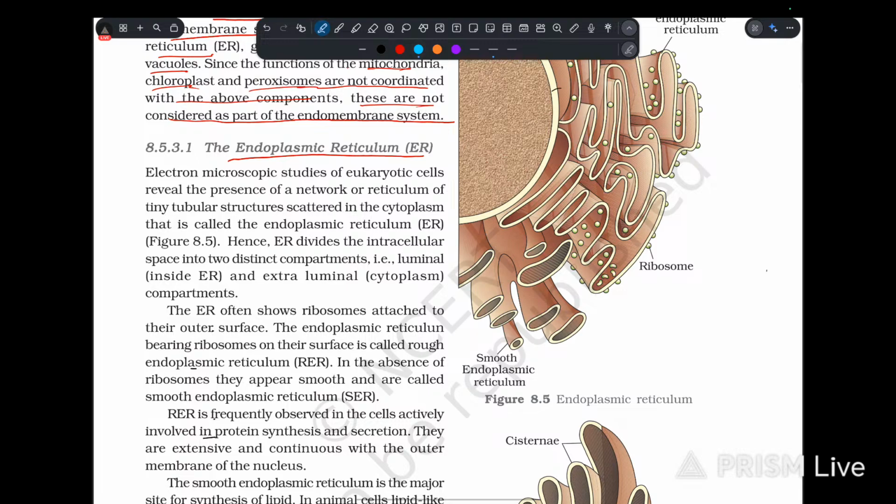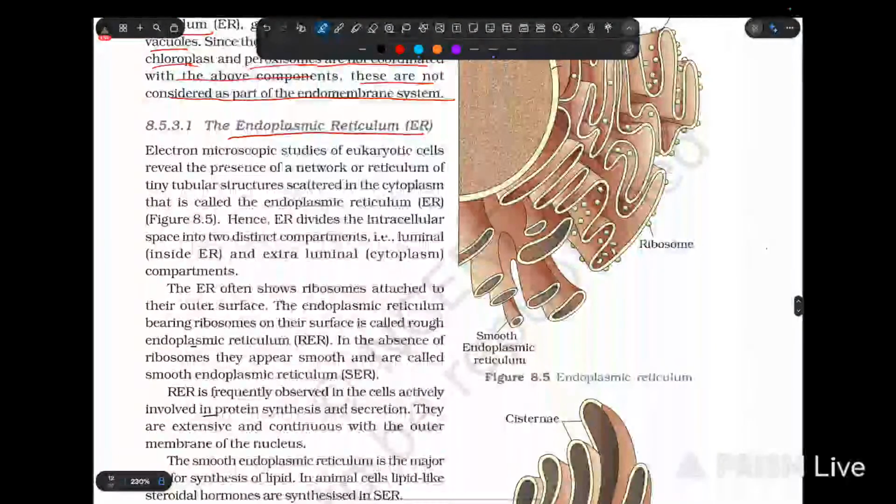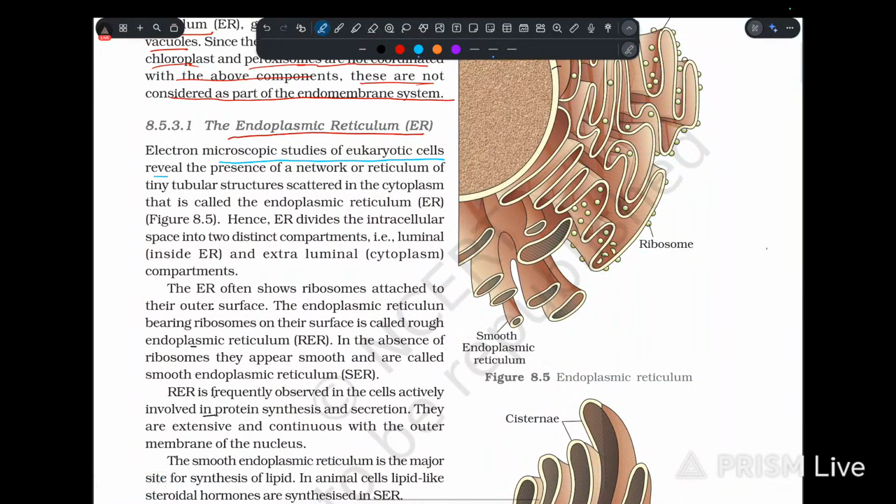The electron microscope studies of eukaryotic cells revealed the presence of a network or reticulum of tiny tubular structures scattered in the cytoplasm. That is called the endoplasmic reticulum.